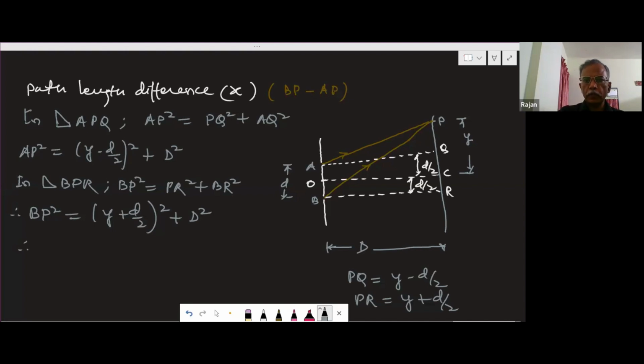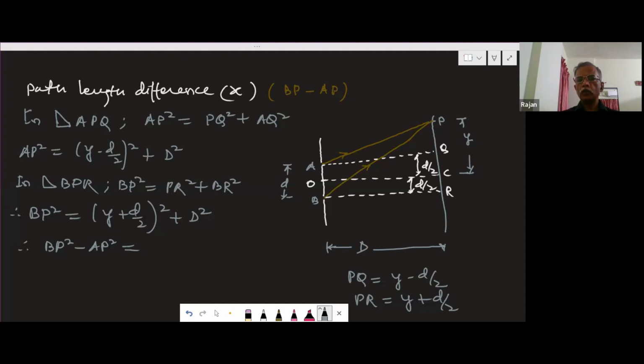Therefore, if you want to find the difference of these two, which one is bigger? This one is bigger. So I'll be taking BP square minus AP square. If you take the difference of these two, you can check it. D square will go away, right? And after all, this is A plus B whole square, A minus B square. So the first two terms in both of them will be Y square plus d square by 4.